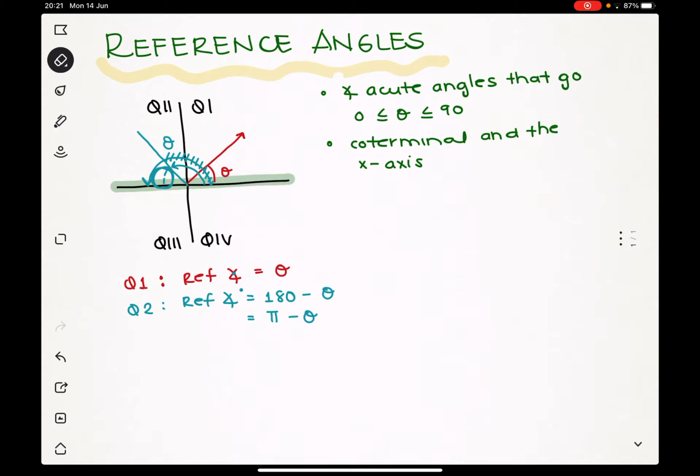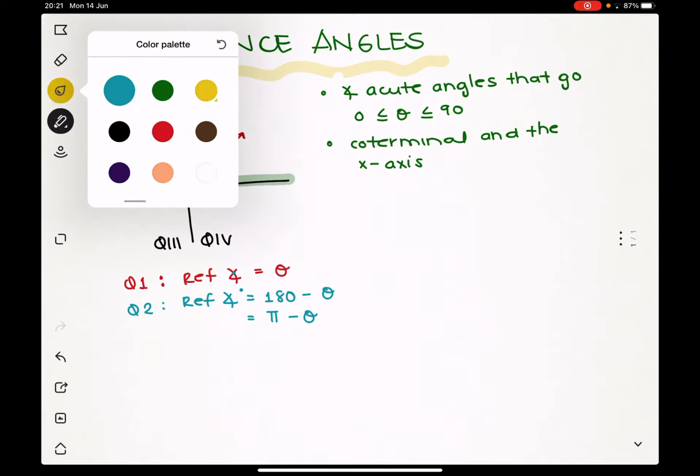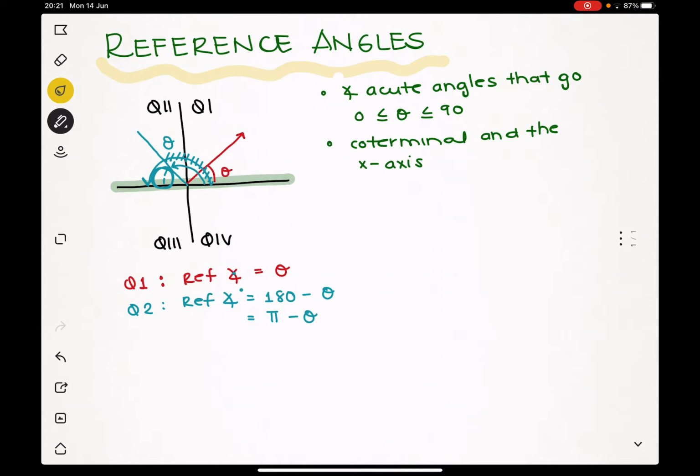If we are in quadrant 3, so for quadrant 3, we have this one right here, right? So for quadrant 3, we have all this angle. So it's going to be theta, but in yellow. So the reference angle is between the horizontal and my angle, right?